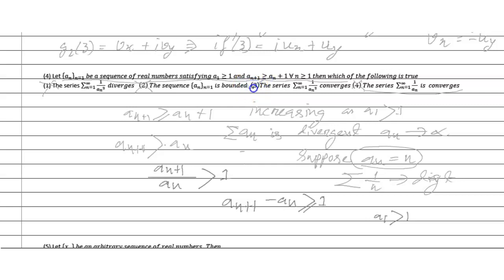The series of 1 by a_n squared, summation n equals 1 to infinity of 1 by n squared, is convergent. Summation of 1 by a_n squared is convergent because it is a decreasing function, and a_n squared tends to infinity. So as n tends to infinity, the only possibility is convergence, otherwise not possible.